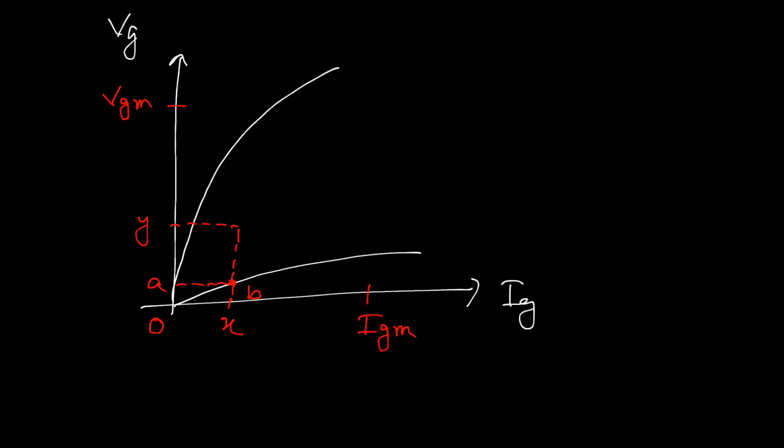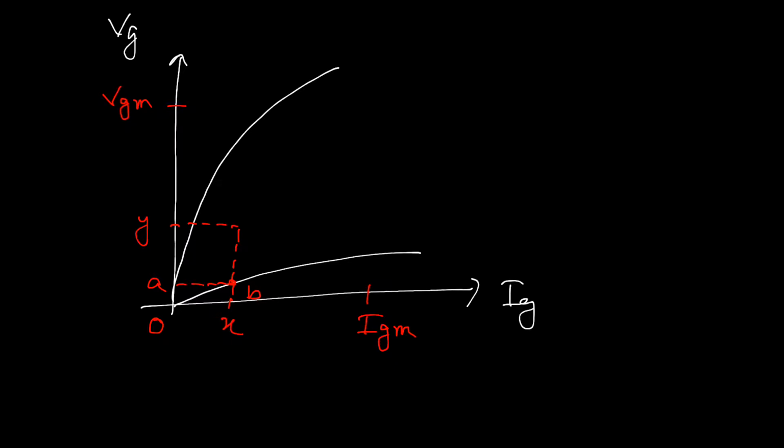Okay, that means we can easily identify X. IgM is the reasonable amount of the current through which the thyristor can be turned on, and Y and VGM is the permissible amount of the gate voltage by which we can trigger the thyristor.